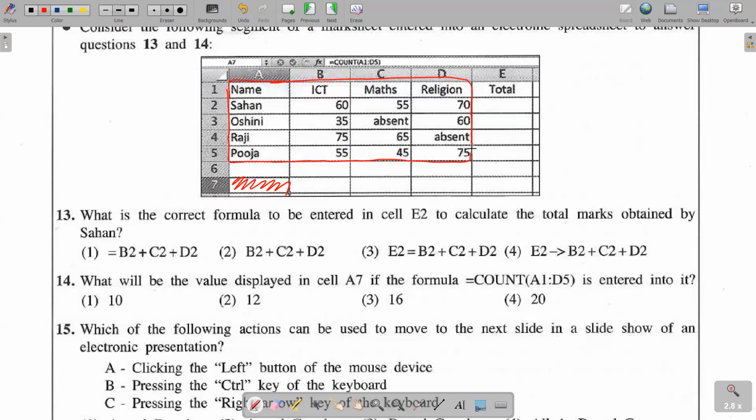Right, so the count function will count only the numeric values, that you should remember. Not the spaces, not any other thing, just the numbers. So you can just count the values. Here you got 4, here you got 3, 7, and you got 3, 10. So the answer is going to be the first one.